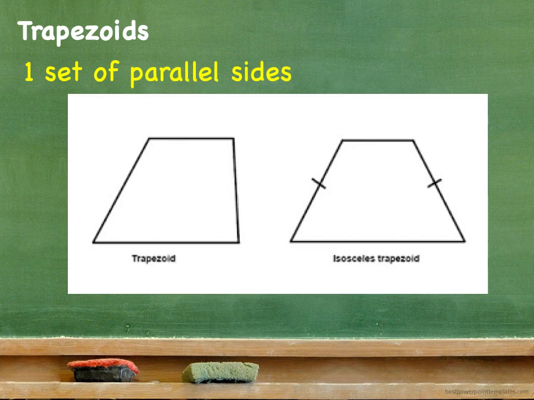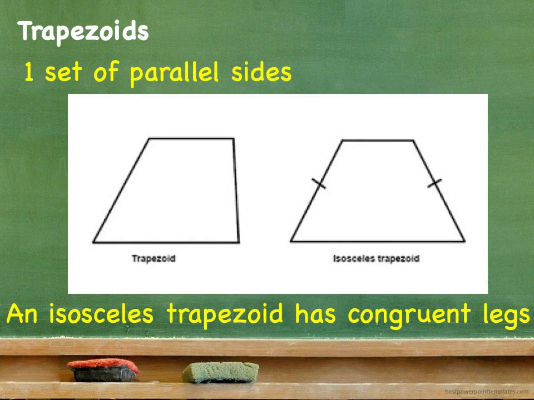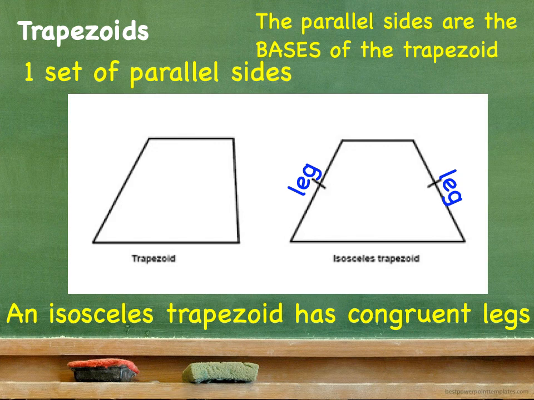So a trapezoid has one set of parallel sides and an isosceles trapezoid has congruent legs. The parallel sides are the bases of the trapezoid, and the other sides are our legs.